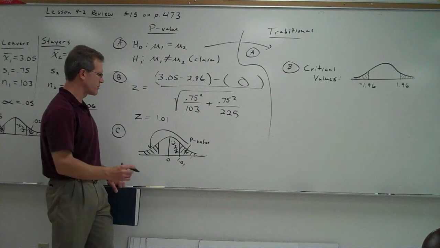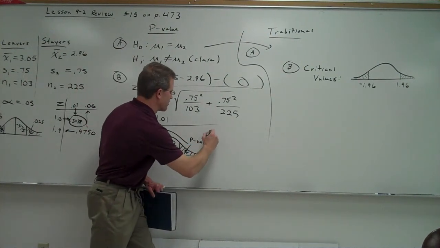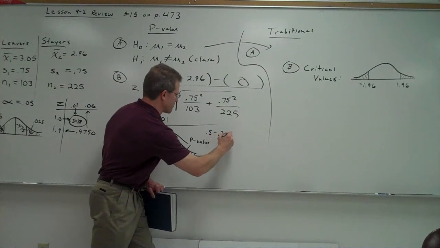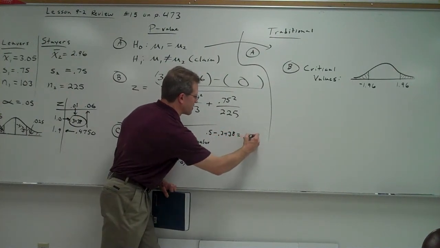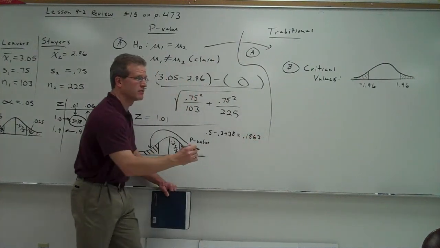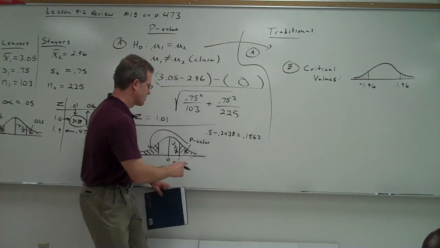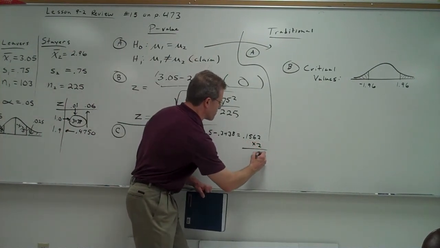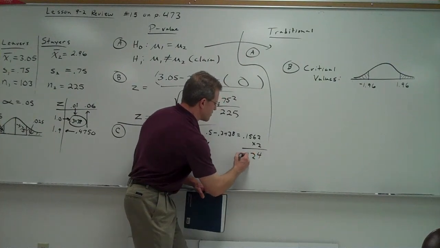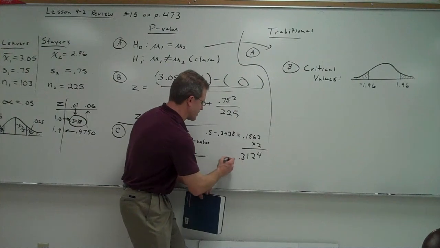If we subtract that from 0.5, we're going to take 0.5 minus 0.3438. That's going to give me 0.1562, I think. Is that right? Okay. Then that's the area in each tail, so then we double that. We'll times that by 2. 0.3124, does that look right? That's our p-value.